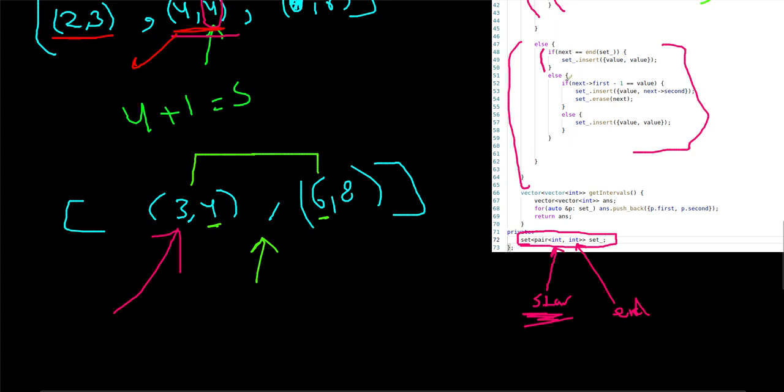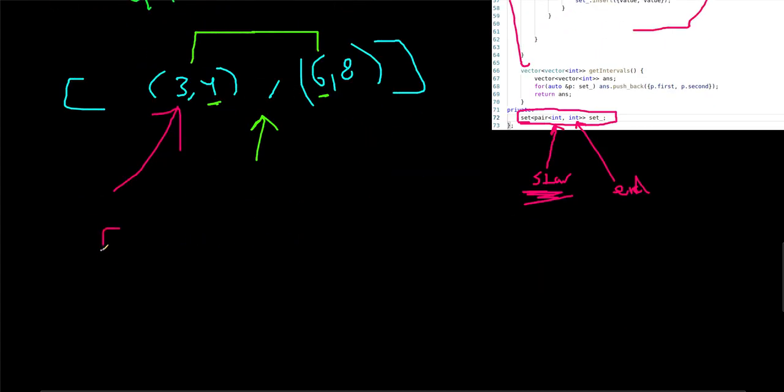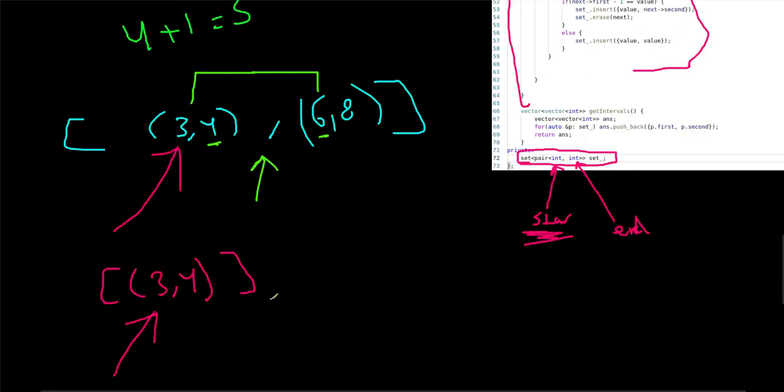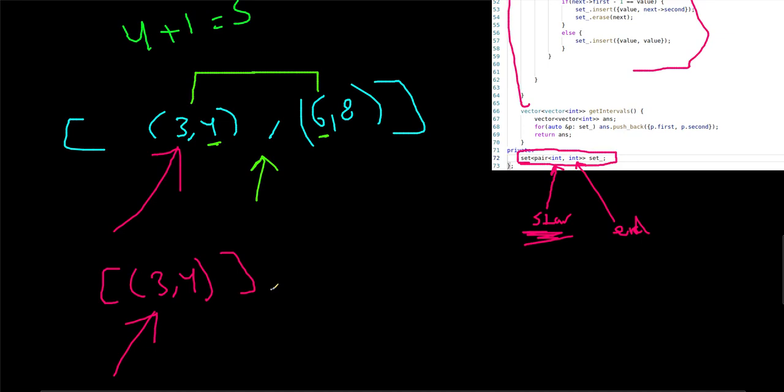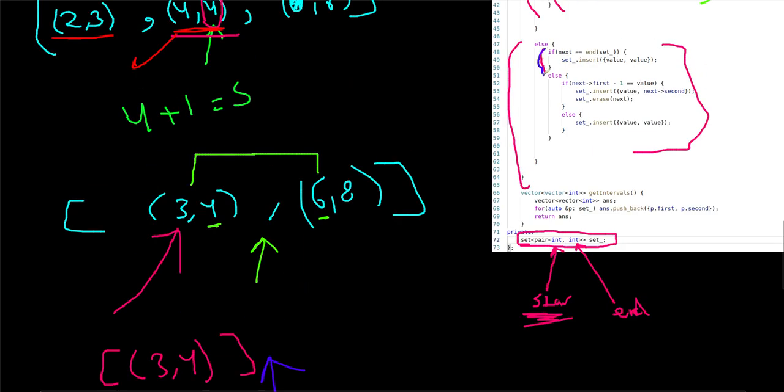If next equal end, and that means, imagine if we have this set 3, 4 only, and we want to add 2, so the next is this one, or if you want to add 5 it is pointing to the end, and this is what we are checking here.